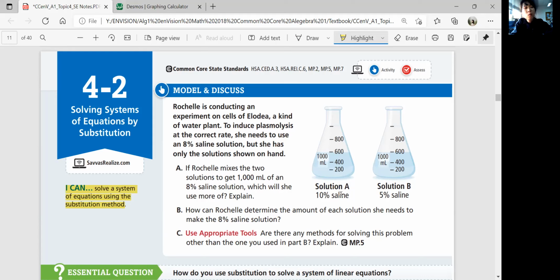First of all, what method can you use to write equations for this situation? You can draw a diagram to represent how the separate saline solutions are combined, and then represent the steps of combining the saline solutions as an equation. So this is 10% saline, and both of them are 1,000 milliliters, right?